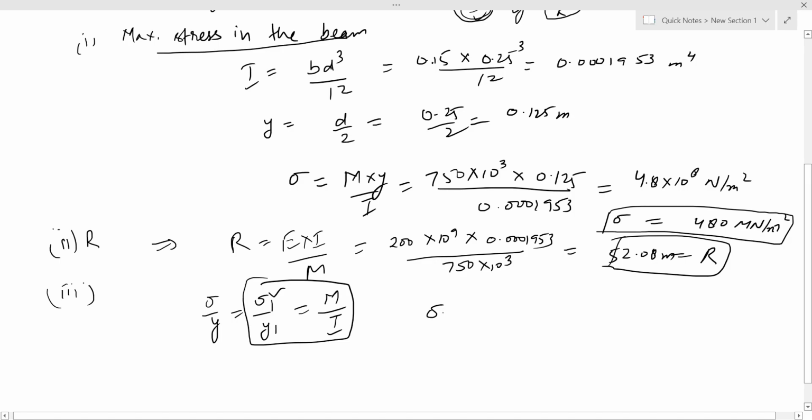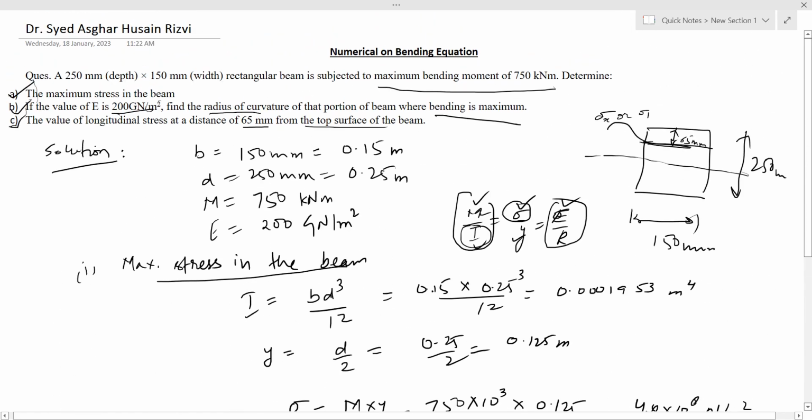So sigma 1 will be equal to M into y1 upon I. The distance y1 is from the neutral axis. The total distance is 125 and this distance is 65, so y1 will be equal to 60 mm.